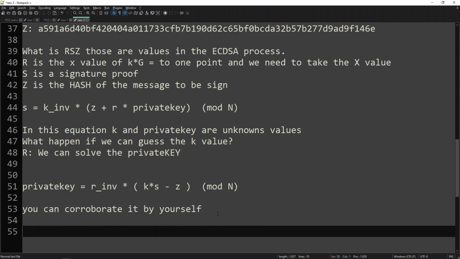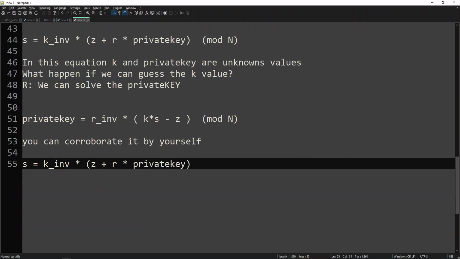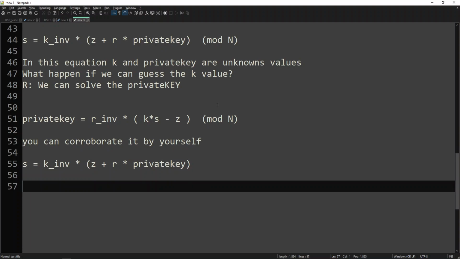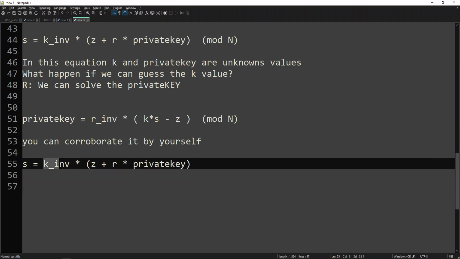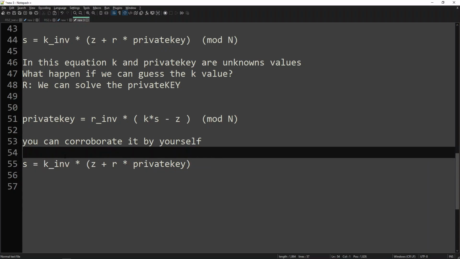Okay, you can corroborate by yourself. You can paste this value to this side of the equation, and this k value is already inverted here. You can move this value from multiplying here to dividing here, but this value is already inverted. Okay, let me clarify something.